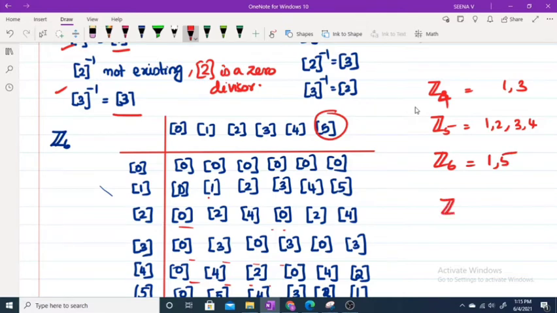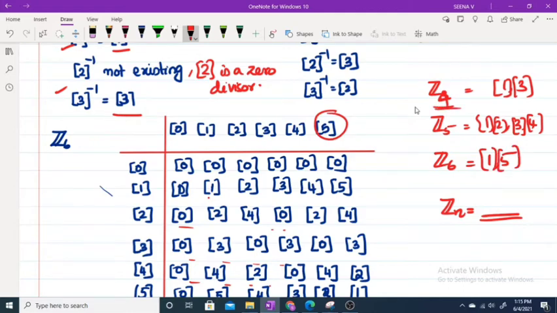In Zn, which elements must have an inverse? This is actually 1. From this, can you recognize any property between these? In Z4, 1 and 3. In Z5, 1, 2, 3, 4. In Z6, 1 and 5.